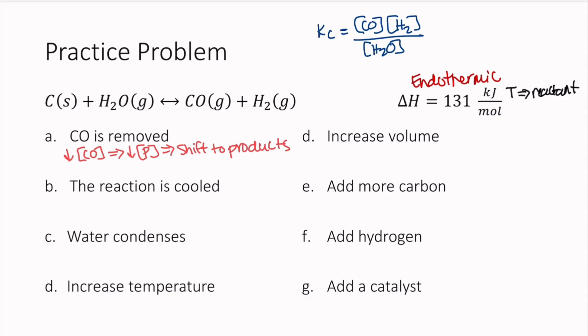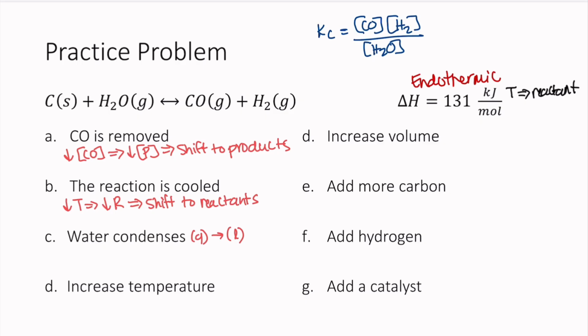Now the reaction is cooled. So what that means is we are decreasing the temperature, which means we are decreasing our reactants. And if we decrease our reactants, we should see a shift to the reactants. Water condenses. So I know condenses means going from a gas to a liquid, and liquid water is not going to be part of our equilibrium expression because it is a liquid.